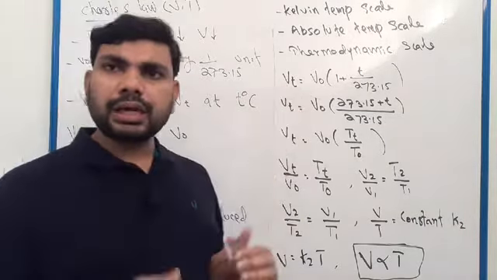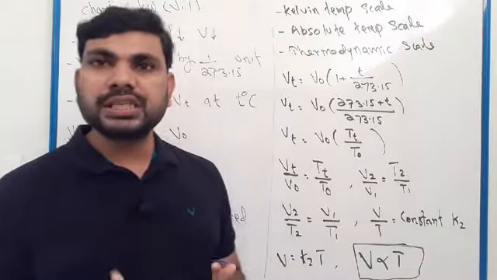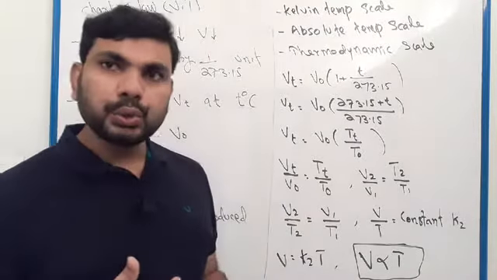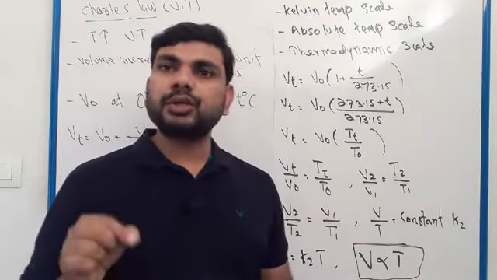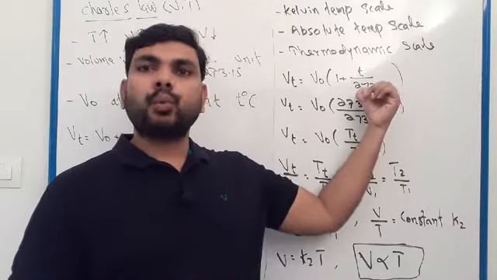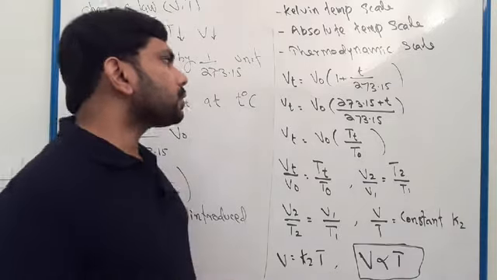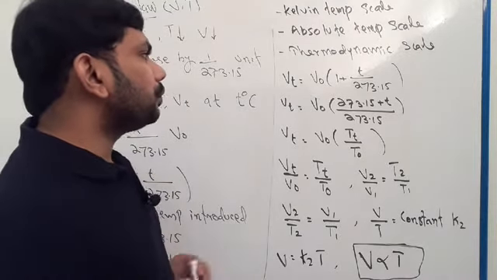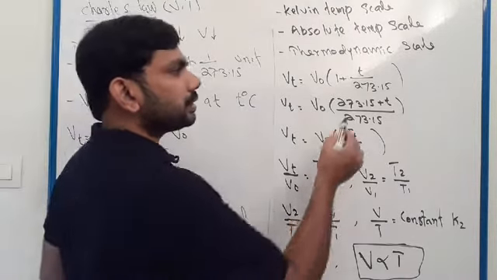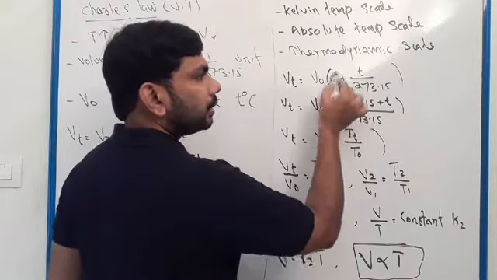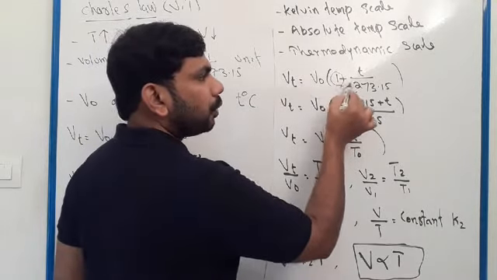Now see here, we derived this equation. I told you Charles derived this equation based on his experiment: Vt equal to V0 into 1 plus T divided by 273.15. Okay, so you can do one thing here. Here this is 1, and multiply this term over here.